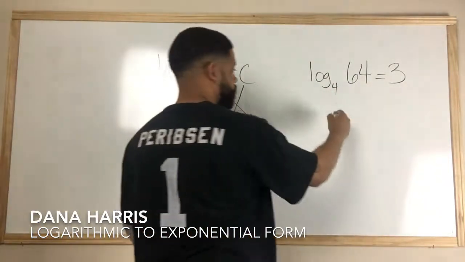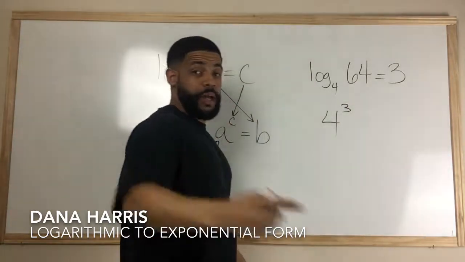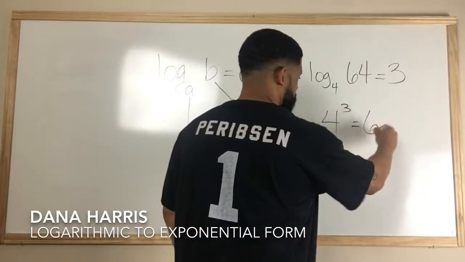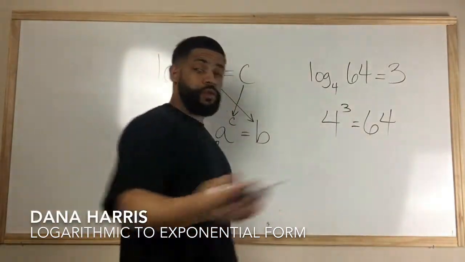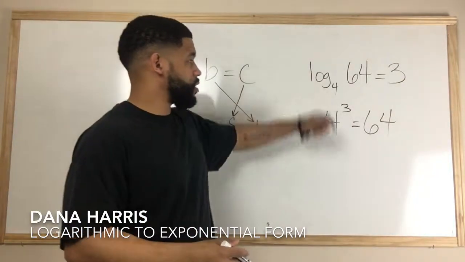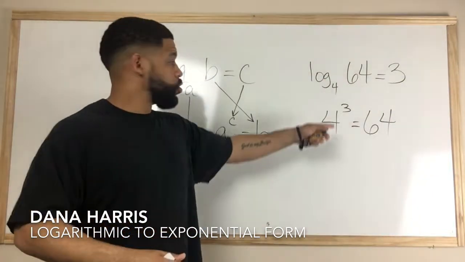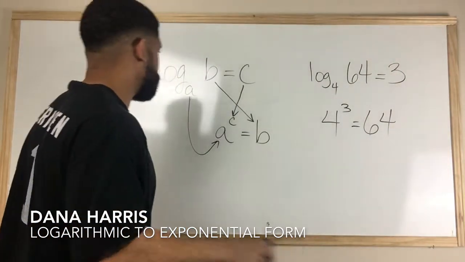So our base is 4, so I have 4 to the 3 power, and that equals 64. And now if we do the math, 4 times 4 times 4 is definitely going to equal 64. So we're just showing you how to change from logarithmic form to exponent form. Fair enough? Let's move on to the next example.